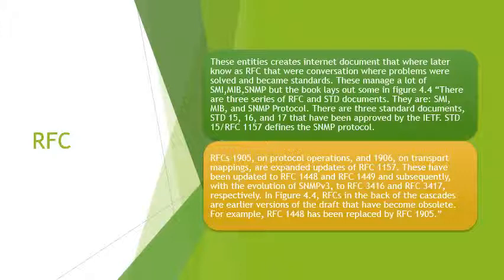These have been updated to RFC 1448 and RFC 1449, and subsequently, with the evolution of SNMPv3, to RFC 3416 and RFC 3417, respectively. In Figure 4.4, RFCs in the back of the cascades are earlier versions of the draft that become obsolete. For example, RFC 1448 had been replaced by RFC 1905.